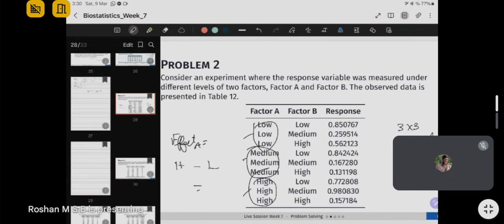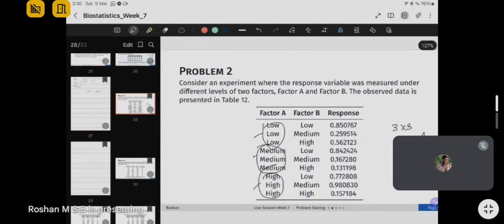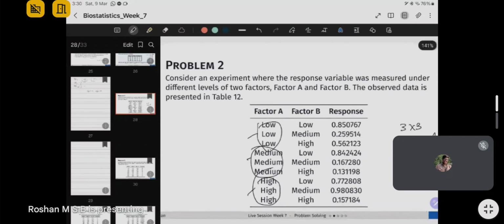Sir, just one confusion. Suppose the medium has the highest mean and the lowest mean is low, so we have to neglect the high one. That means we have to subtract low from medium. Yeah, that is what you should do. And this is only for factor A and B. We are not going to do it for any interaction.